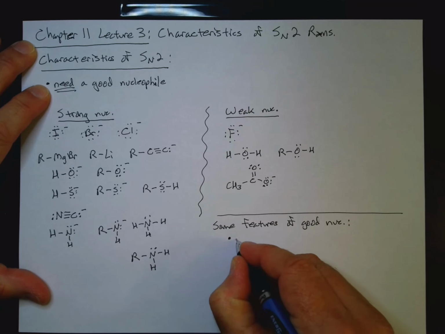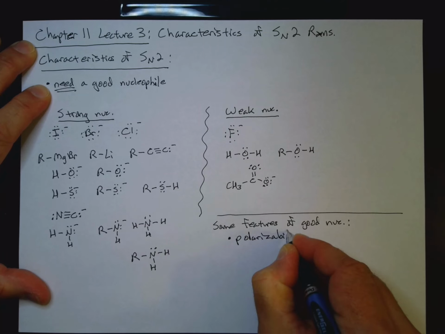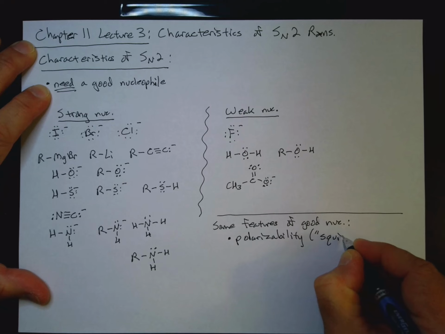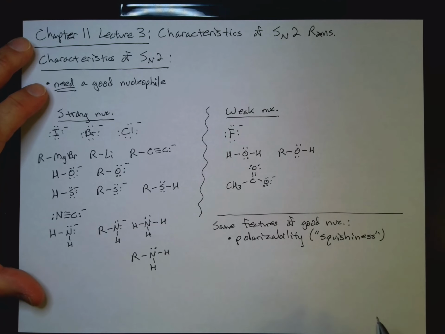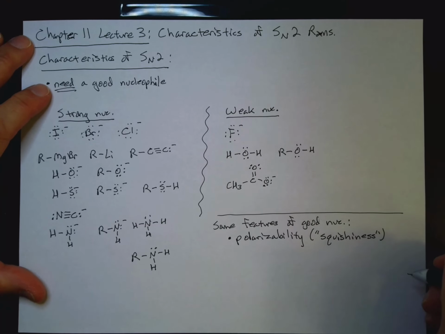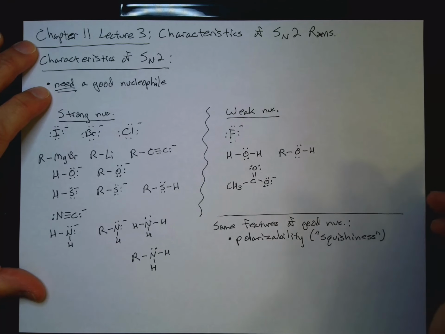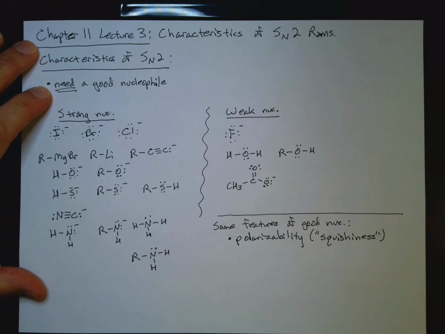So one of our criteria is polarizability, or the squishiness of the electron cloud. As you go down in the periodic table, you get more polarizable because you've got greater area and the electron cloud can squish around a bit more. And when it squishes, it can sort of concentrate and flow into one side.